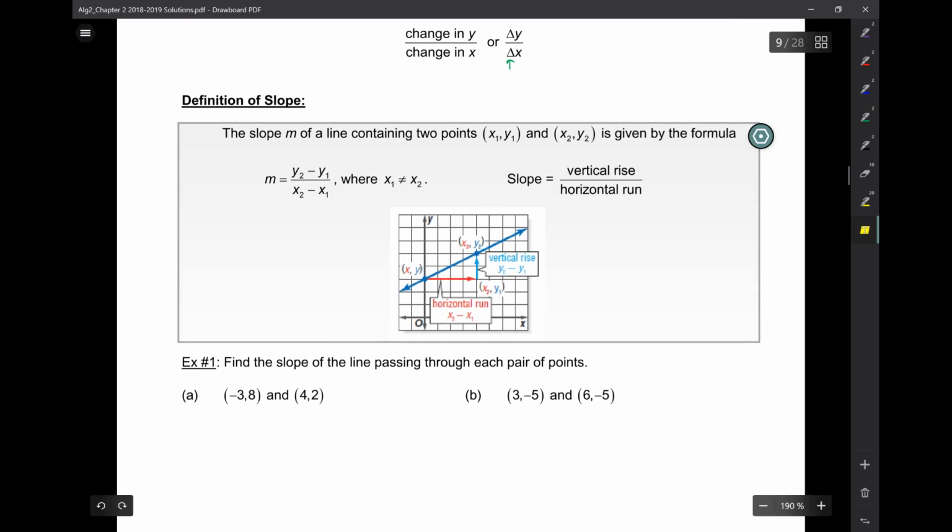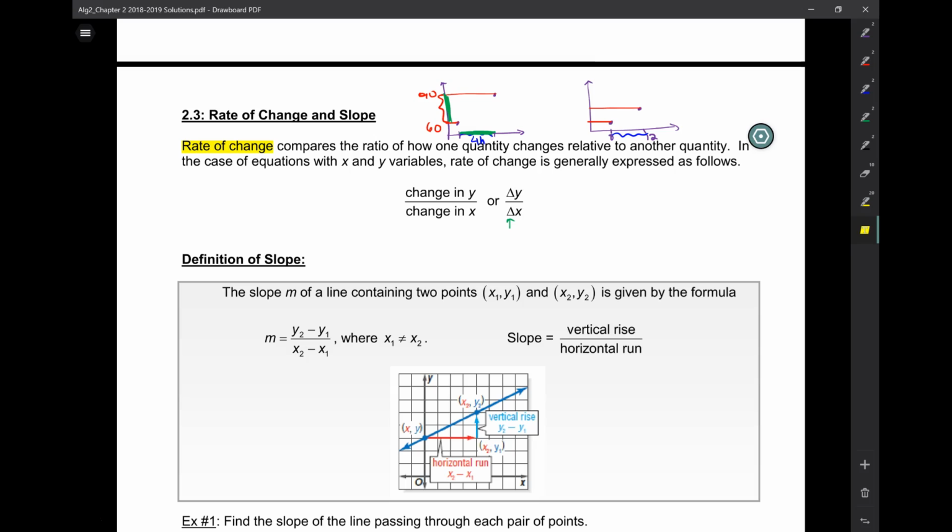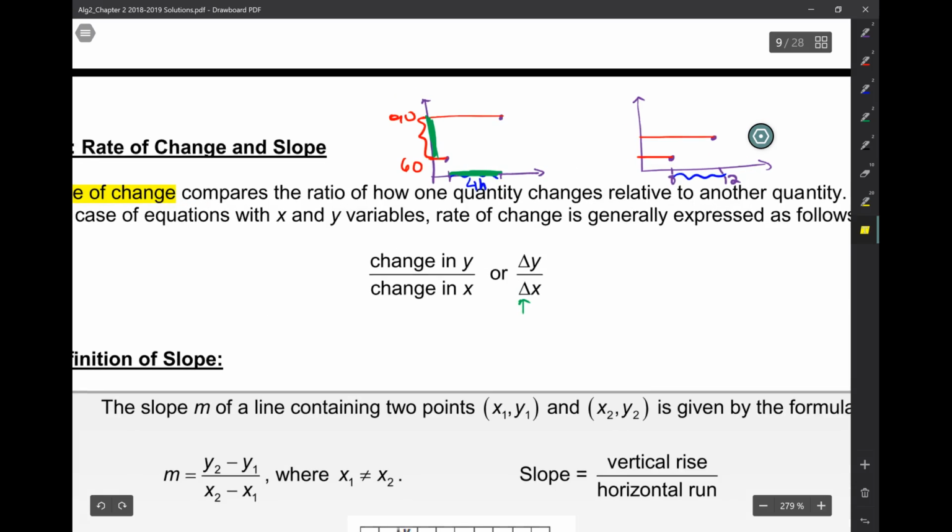And now, if I wanted to figure out how much in the y-axis this weather changed from 60 to 90, what would I do? Well, how big is that change? How many degrees? 30 degrees. How did you do that? You did 90 minus 60, right? And if I wanted to figure out here how much time has changed, what would I do? 12 minus 8, right?